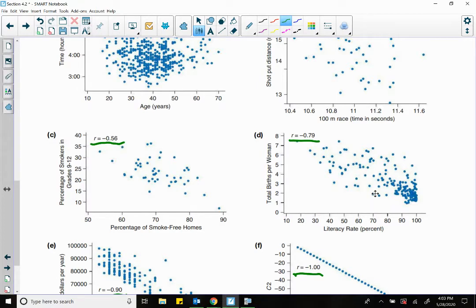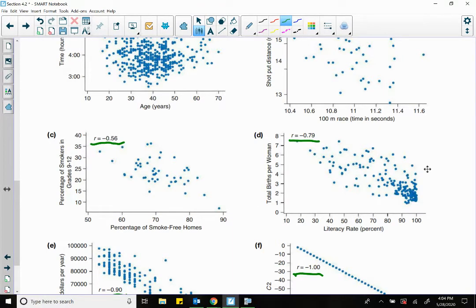Okay? So right here, there is a good relationship. It's not very strong, but it's fairly strong relationship between these two variables. But just because, as your literacy rate goes up, your total number of births per woman go down, that doesn't mean literacy rate causes births to go down.